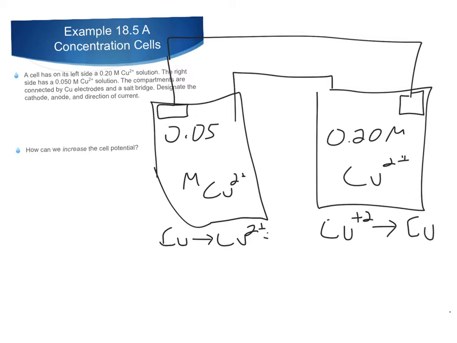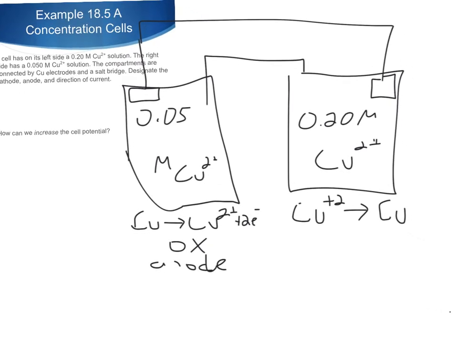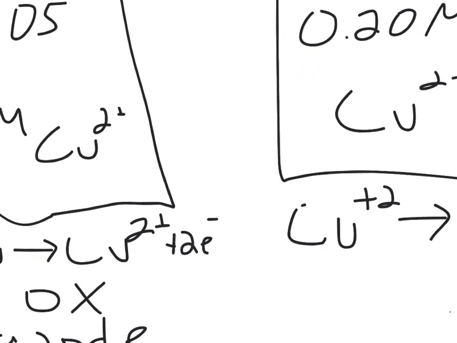This one is going to have 2 electrons as a product, and that's going to make this my oxidation side and my anode. And this one will have the 2 electrons as a reactant. Let me sneak in here to write it a little tighter.